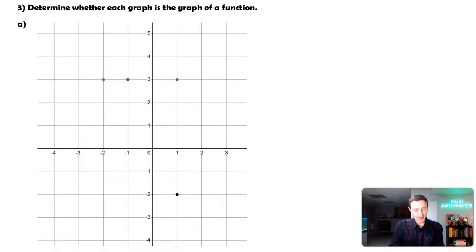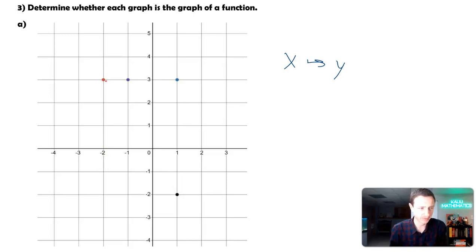Let's take a look at a graph and identify if it's a function. So in order for it to be a function on a graph, same thing has to happen. Each x value can only go to one y value. So what we don't want to have happen is 2 points on the same x value. So if we look at this first x value here, this first point, I don't have any other points along this x value of -2.